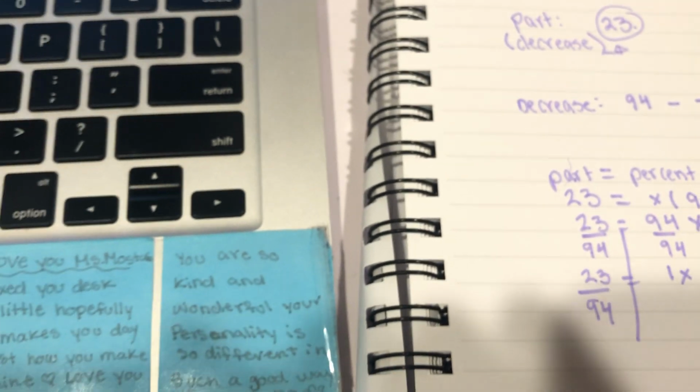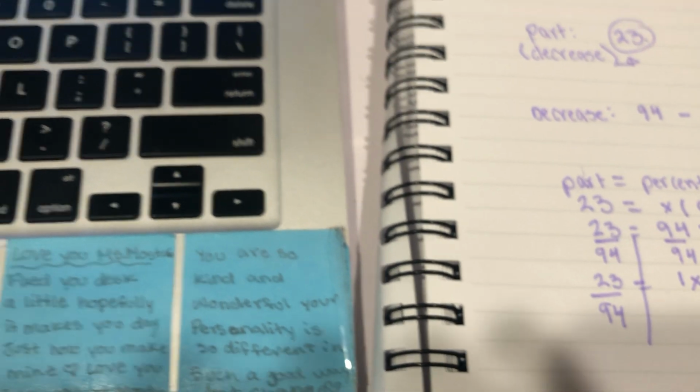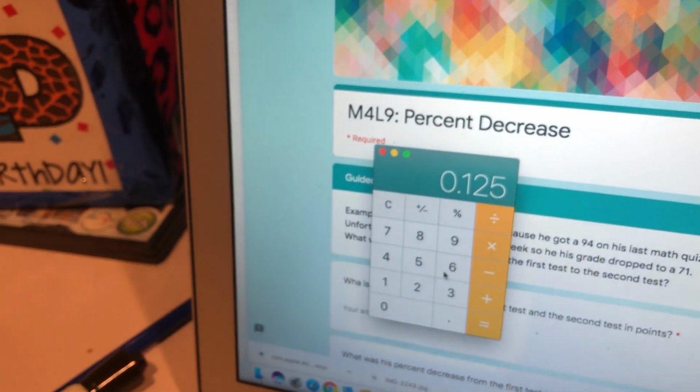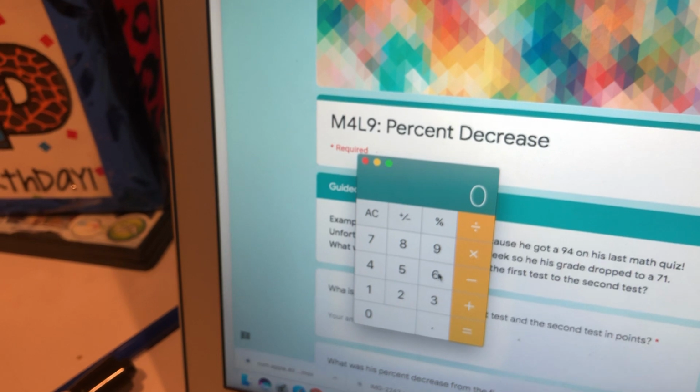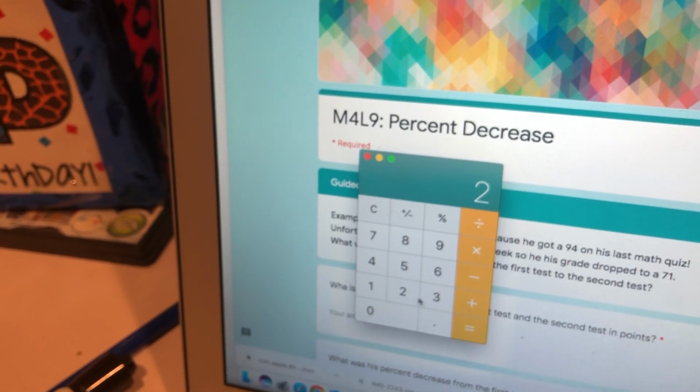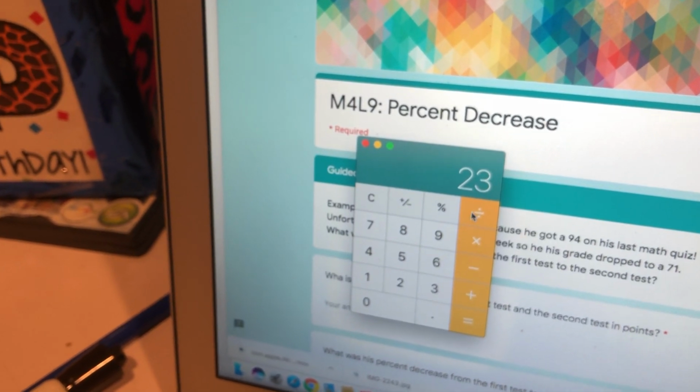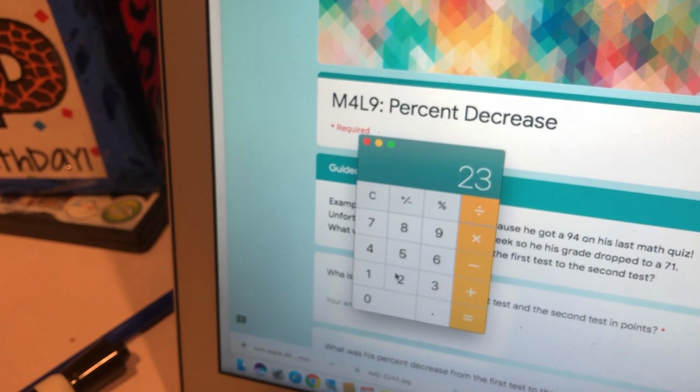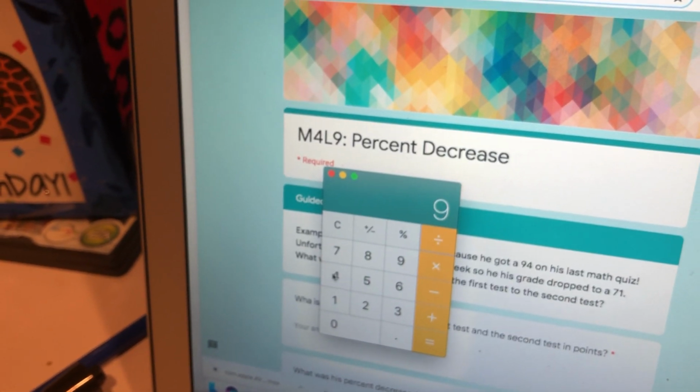Okay, now I'm going to get my calculator. And we're going to do, like we said, the dividend 23 divided by my divisor, which is 94.